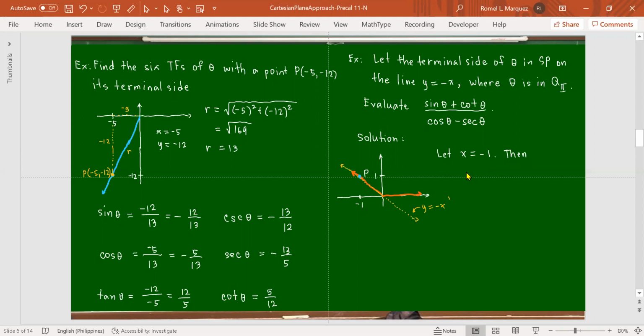Then our y is 1. And what is our R? Square root of negative 1 quantity squared plus 1 squared, getting square root of 2.